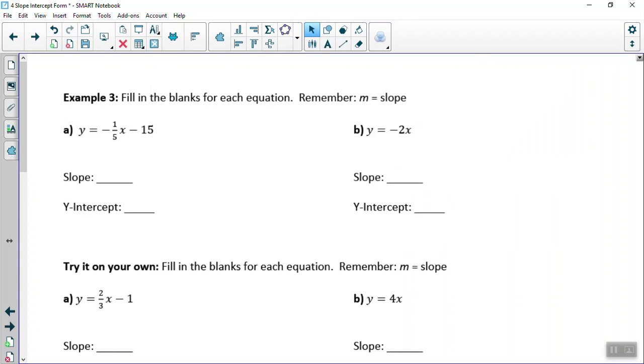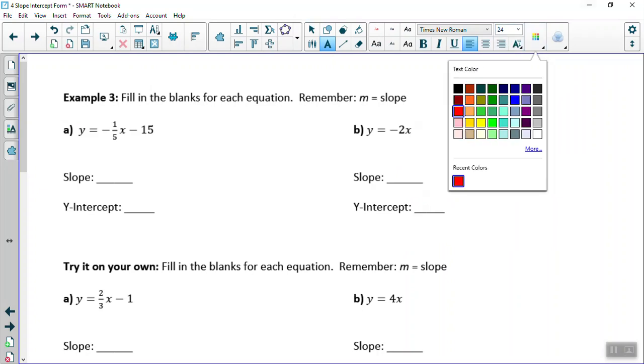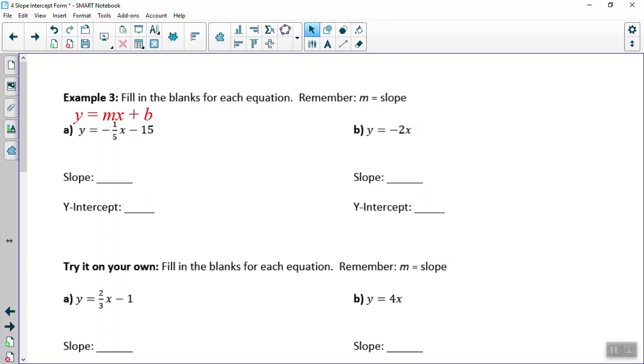Fill in the blanks for each equation. So remember, m is our slope. So here we have y equals -1/5 x minus 15. If we remember our equation, y equals mx plus b, I can go ahead and just put that over.